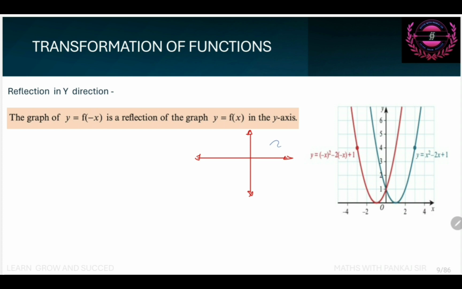Again, if we have a point in the first quadrant x comma y, and if I want to find the reflection of this point about y-axis, I will have a point here which will be minus x comma y. This is x-axis, this is y-axis.